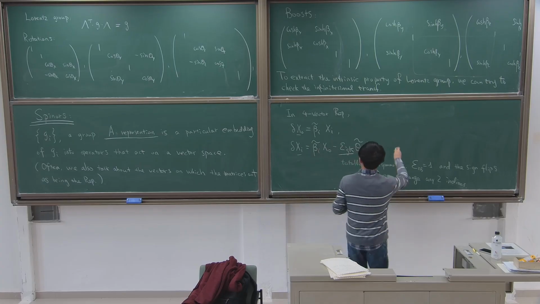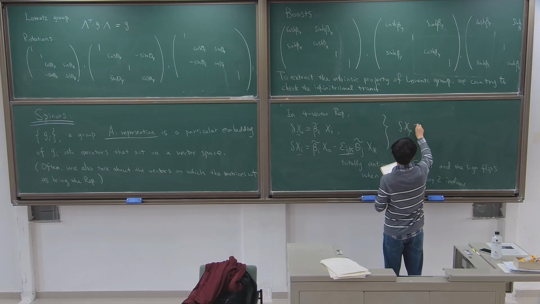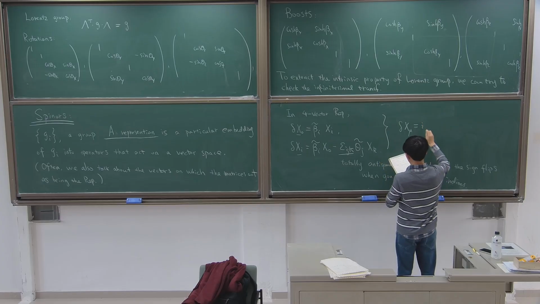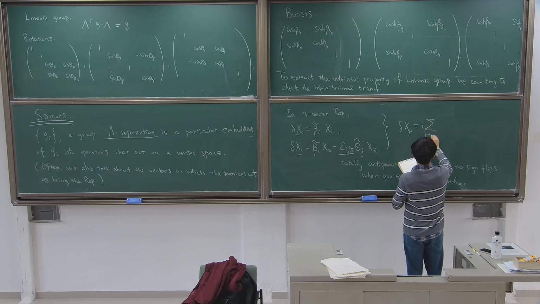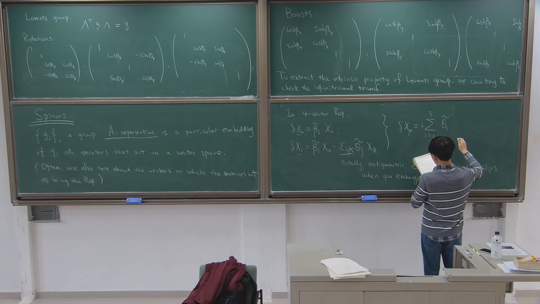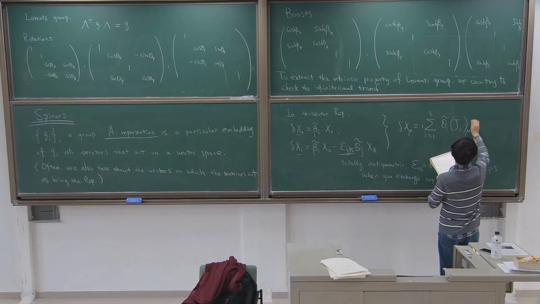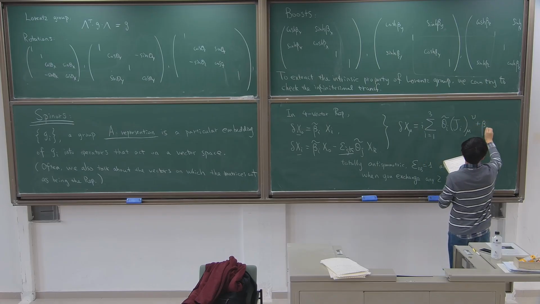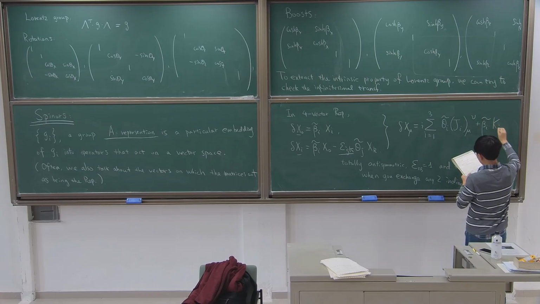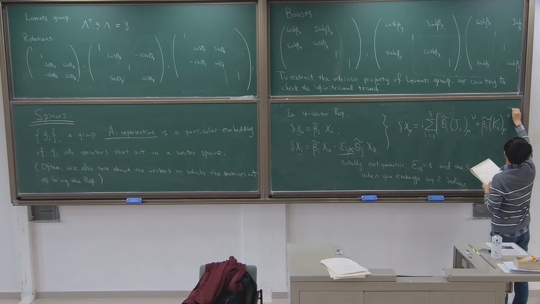Now I can package this infinitesimal transformation a little bit. I will get delta x mu equals the sum over i from 1 to 3 of theta i tilde times J i, with index mu, plus beta i tilde times K i, with index mu. I just rewrite this, packaging the 4 equations into a single formula acting on the 4-vector x mu.